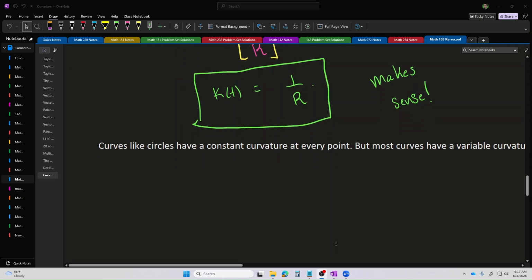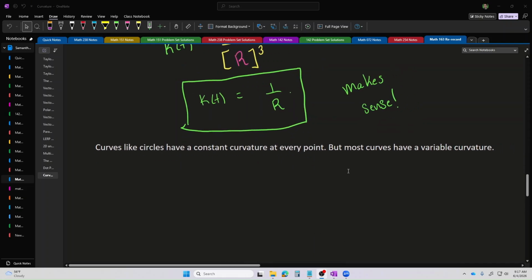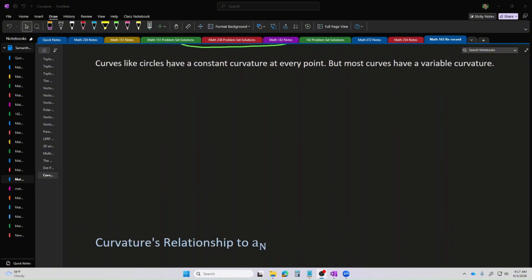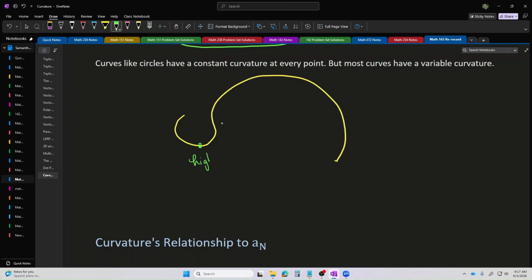Now, just a note, a circle has a constant curvature, but there are certainly curves that have a curvature that varies depending upon your position on the curve. So, for example, if you have a curve that looks a little bit like this, then at this location, the curvature is going to be a bit higher because at that location, the curve is bending a bit more tightly.